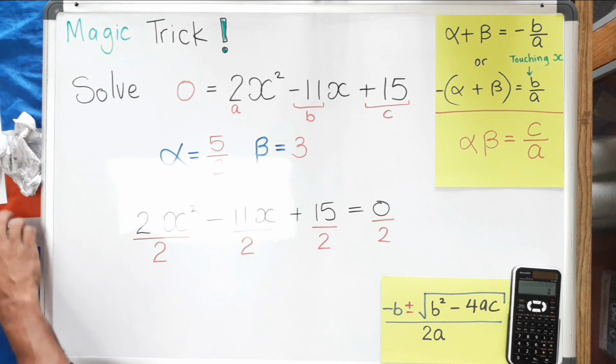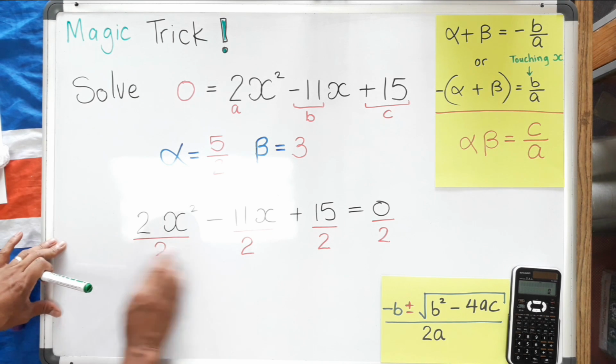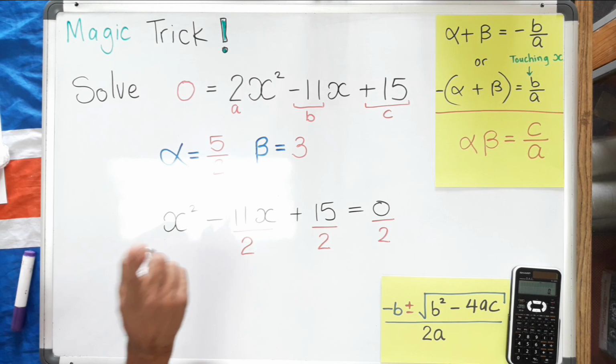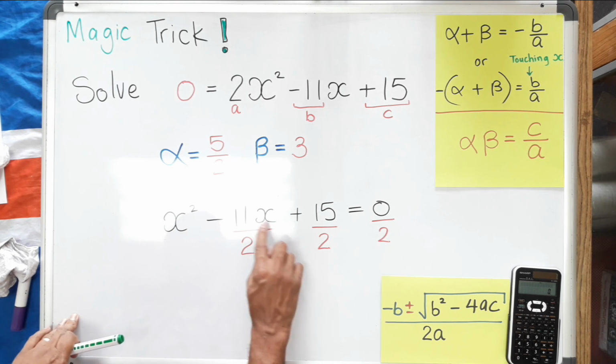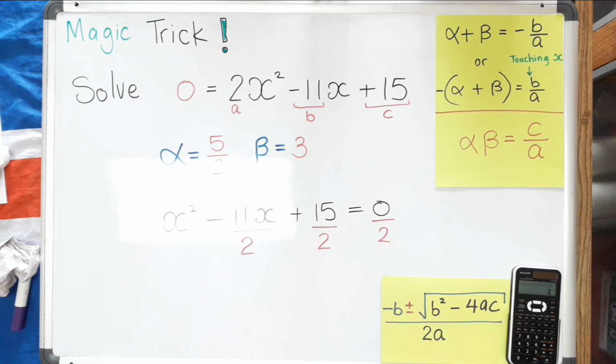When we do that, the 2 and the 2 will cancel out, because 2 divided by 2 is 1. Minus 11 divided by 2 will give you minus 5.5, but I'm going to leave it as a fraction today. And 15 divided by 2, while I know it's 7.5, I'm going to leave it as a fraction.